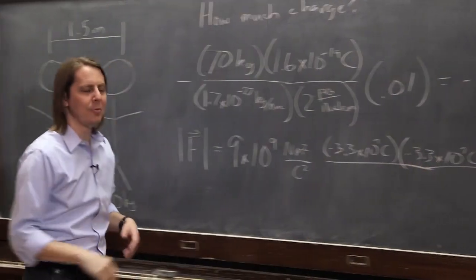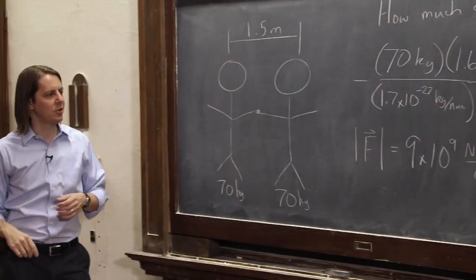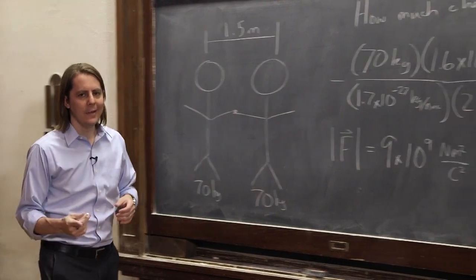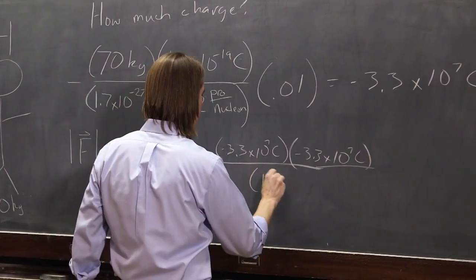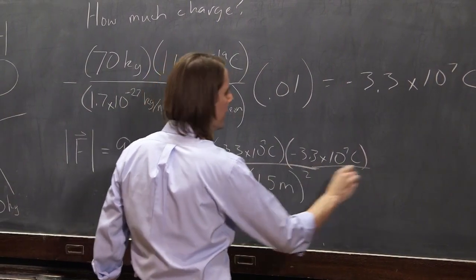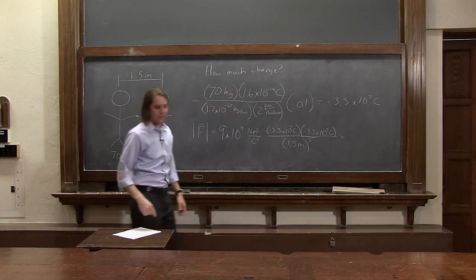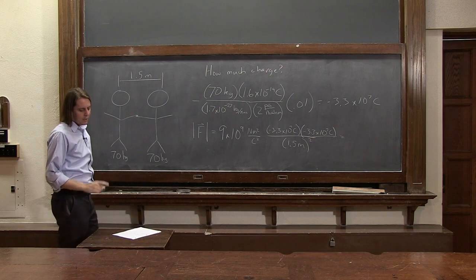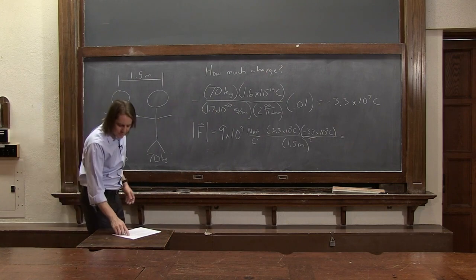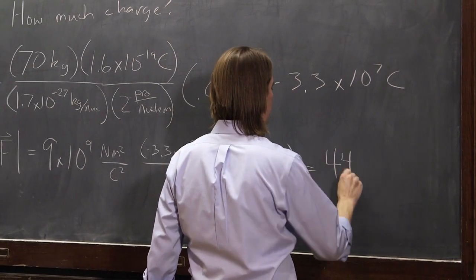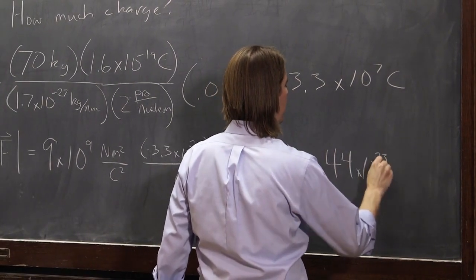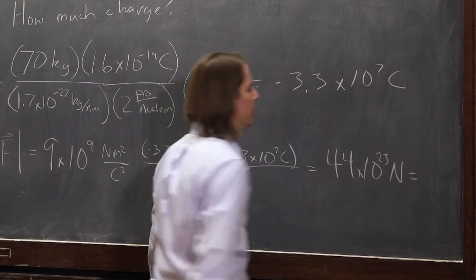So we're assuming the two people are identical. Each one has that charge. So that's Q1 and Q2. And then in the bottom, I said they're 1.5 meters apart, squared. Okay. So you do all that, and you get 44 times 10 to the 23rd newtons.